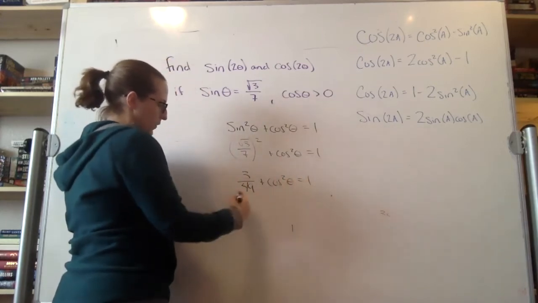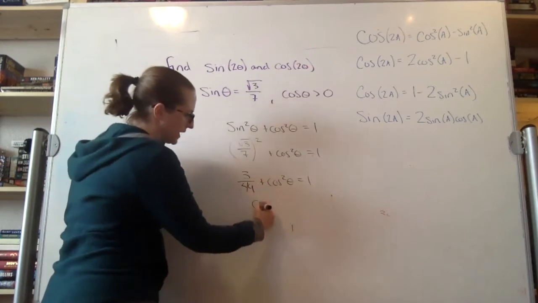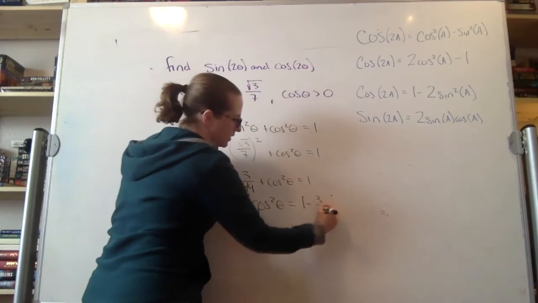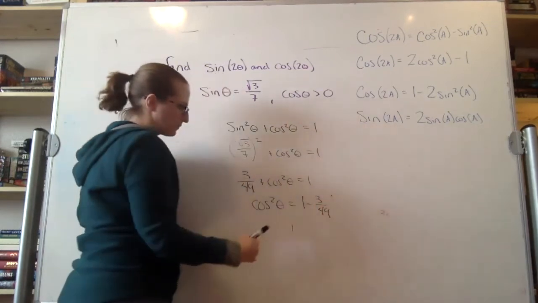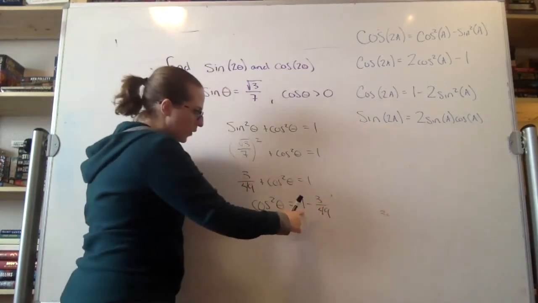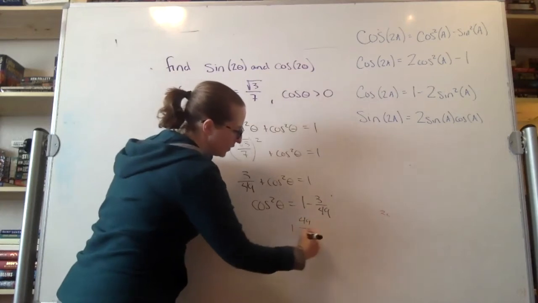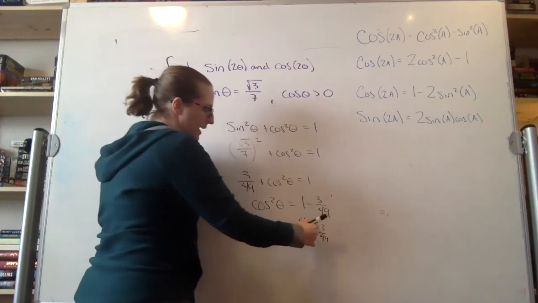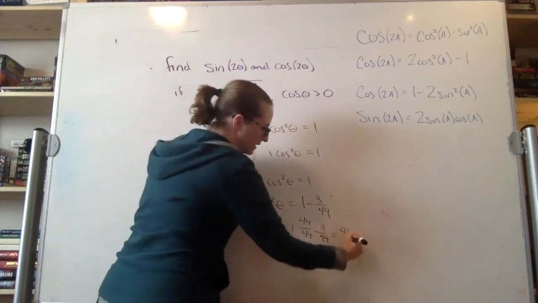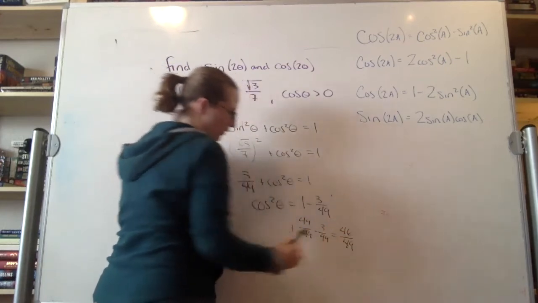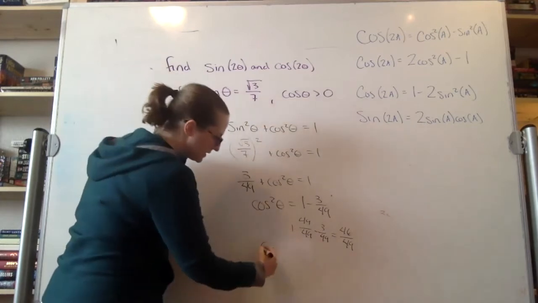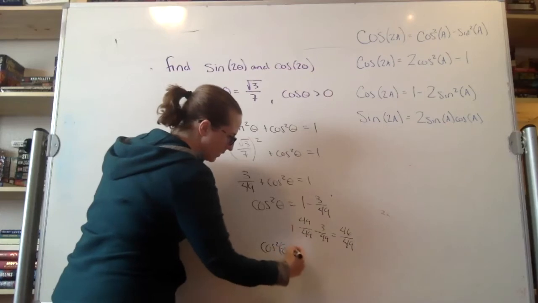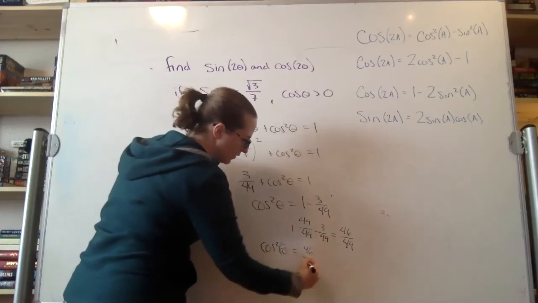Subtracting 3/49 from both sides is going to give me cosine squared theta equals 1 minus 3 over 49. Well, 1 is 49 over 49 minus 3 over 49. 49 minus 3 is 46 over 49. So this tells us that cosine squared of theta is equal to 46 over 49.